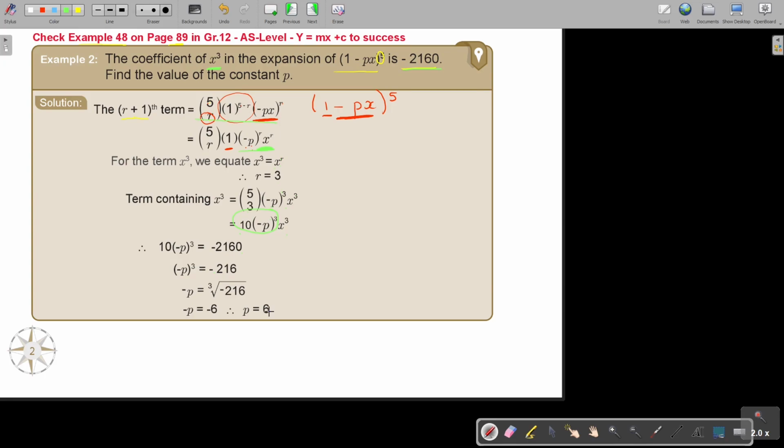I could have actually gone there already, gotten rid of the negatives, and then said the cube root of 216, and I will also get my answer is 6. And that's how you do it.